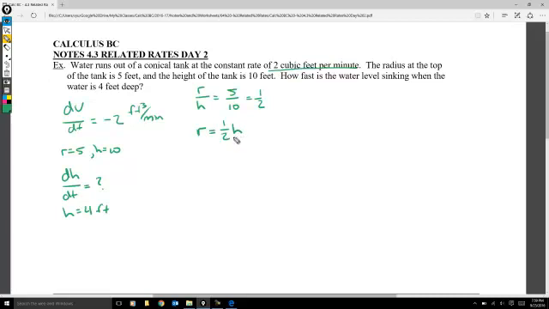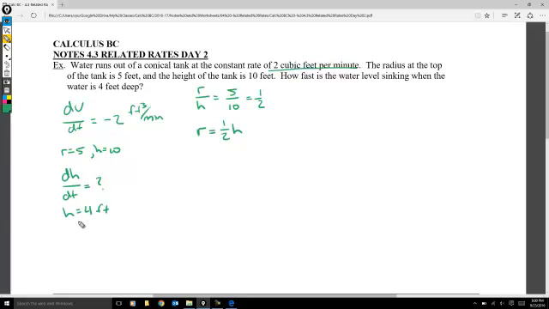The reason why this is important is because they didn't tell me the radius when the height is 4, and that's the information I actually need. I don't really need to know the dimensions of the overall tank because I'm concerned about the height of the water, not the height of the overall tank.